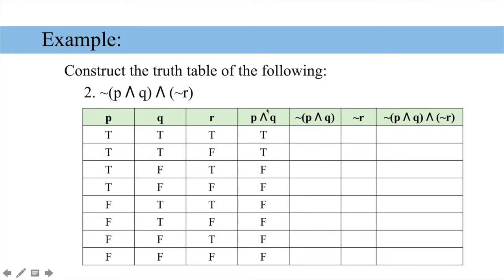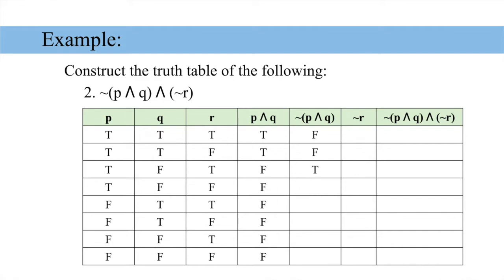Now, since we have the expression P and Q, we can get its negation. This is the column for the negation of this conjunction statement. So we take the negation: negation of true is false. Negation of true is another false.